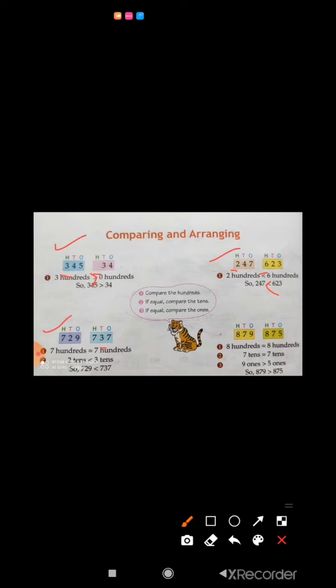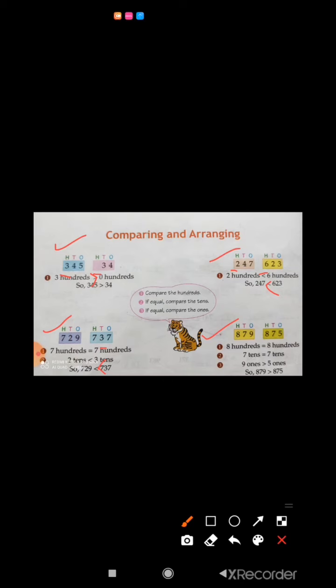Which is greater? 3. So write like this, 729 is smaller than 737.